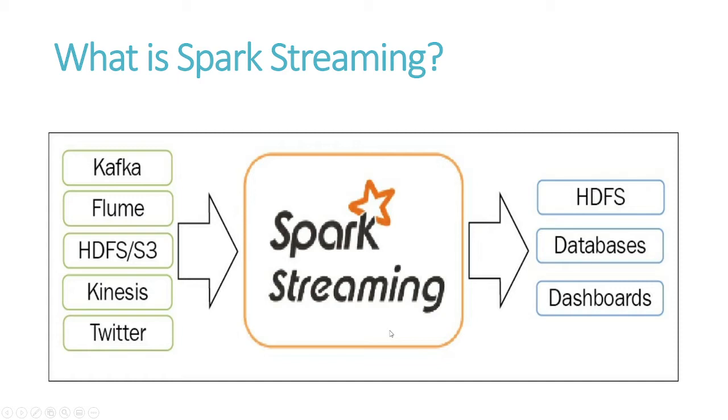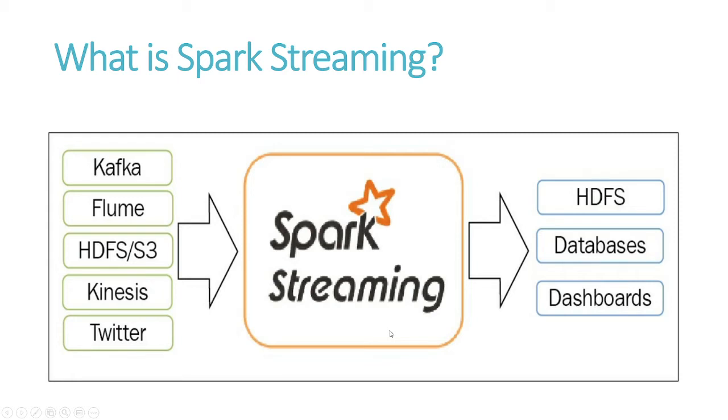So how it flows: we get some data in files through HDFS or S3, or we get some data from Kinesis, that is an AWS service similar to Kafka. And we get data from Twitter. So if a company wants to analyze the sales of their product, they get some data from Twitter and then do some sentiment analysis through Spark streaming.